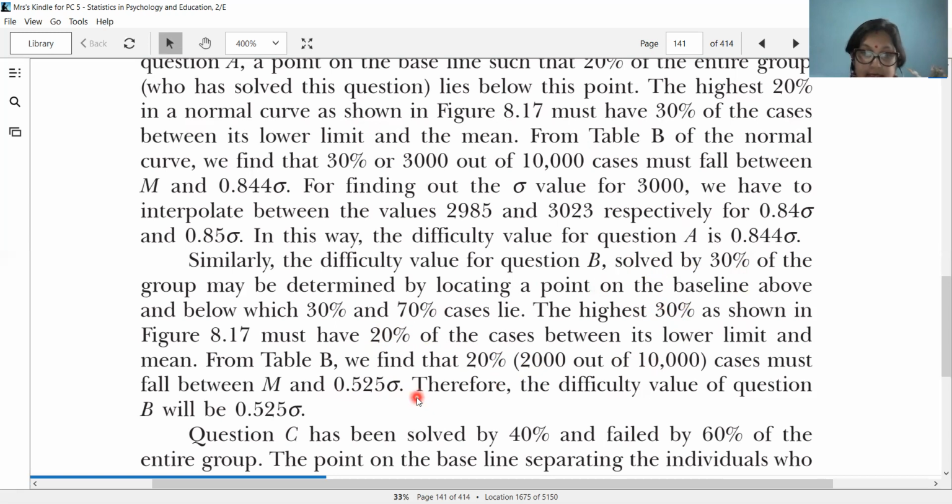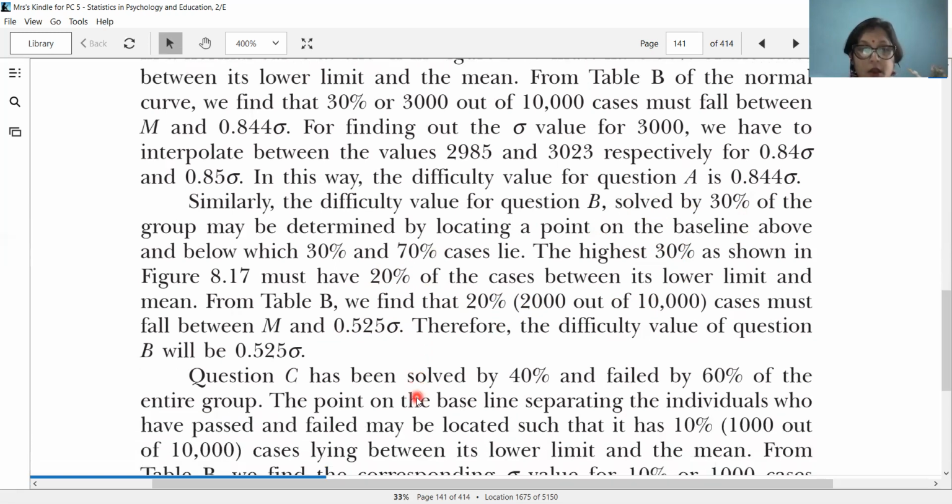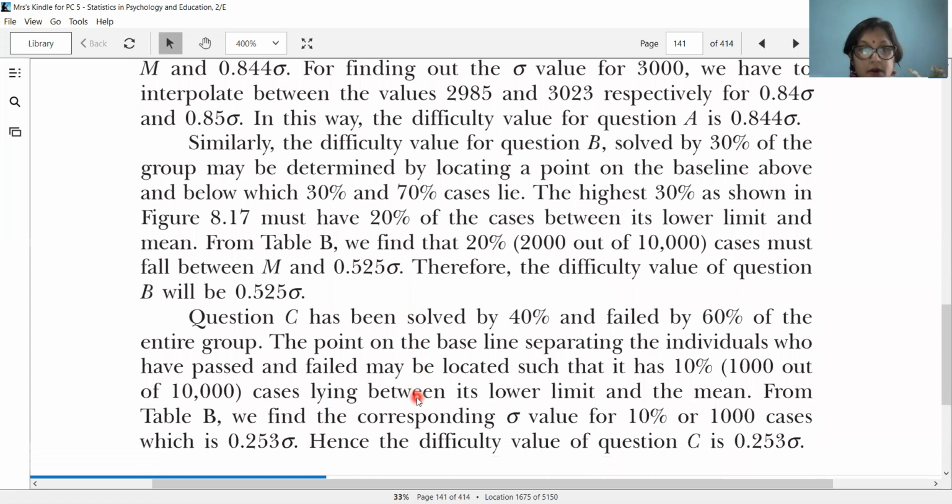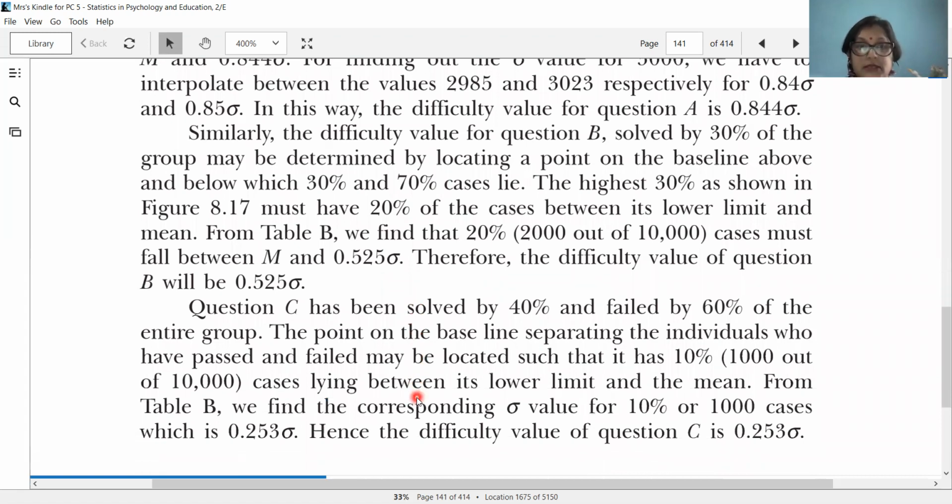And as you noticed in the normal graph, this is the representation of the sigma value in the normal curve. Okay, I hope you may understand about these points in the normal graph. So here the difficulty value of question B is 0.525 sigma. Okay, I hope you are clear.